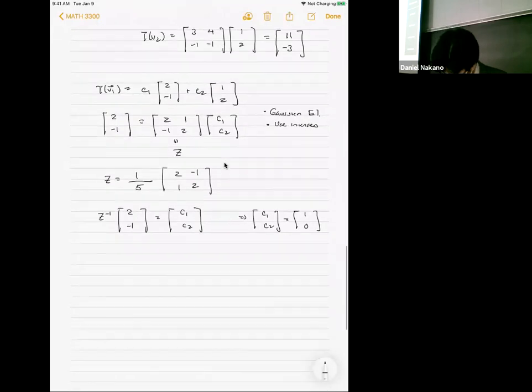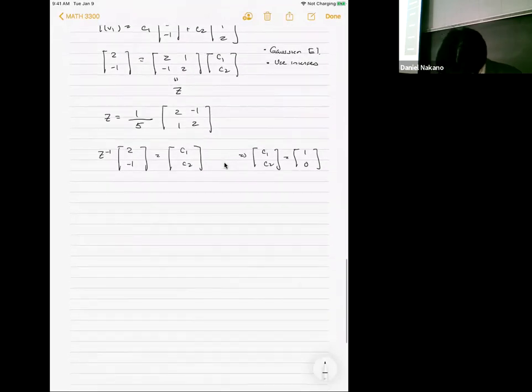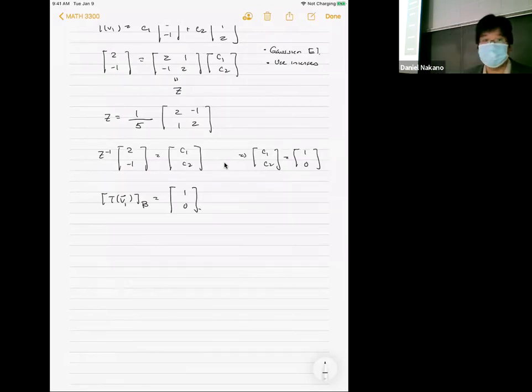Okay? So the coordinate with respect to beta for T of V1 is going to be (1, 0). Now you just do the same thing for T of V2.